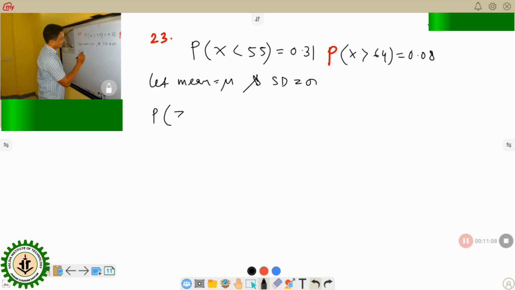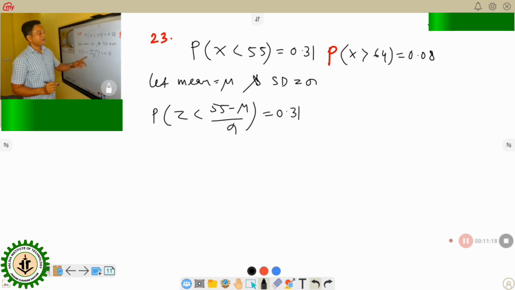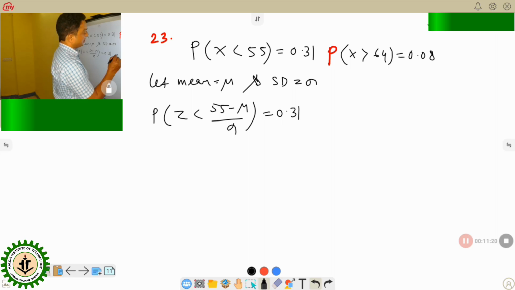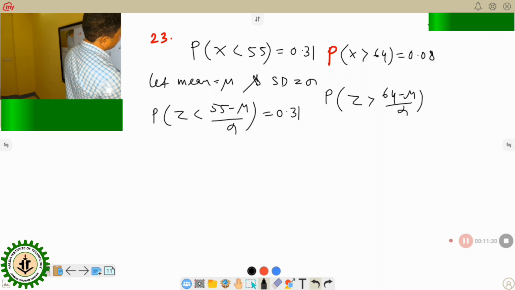So probability of z less than (55 minus mu) divided by sigma equals 0.31. This is the first one, and the second gives probability of z greater than (64 minus mu) divided by sigma equals 0.08.